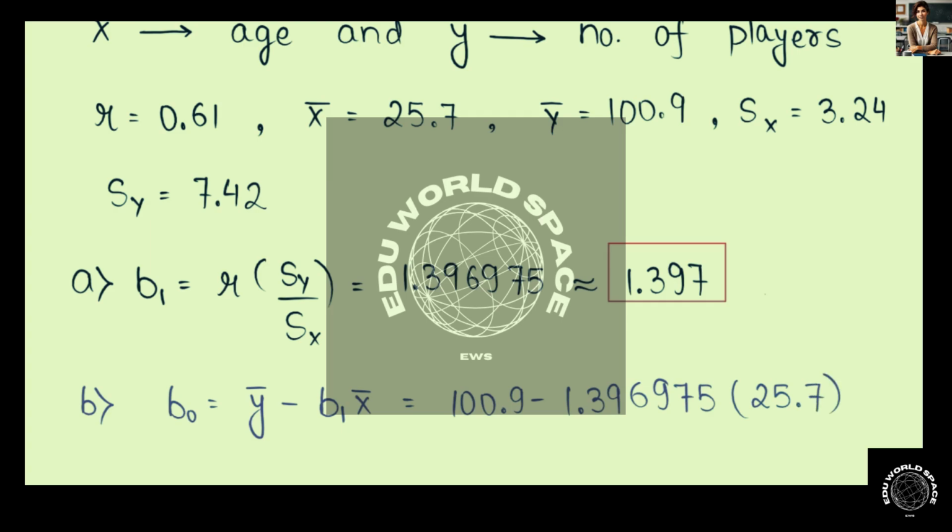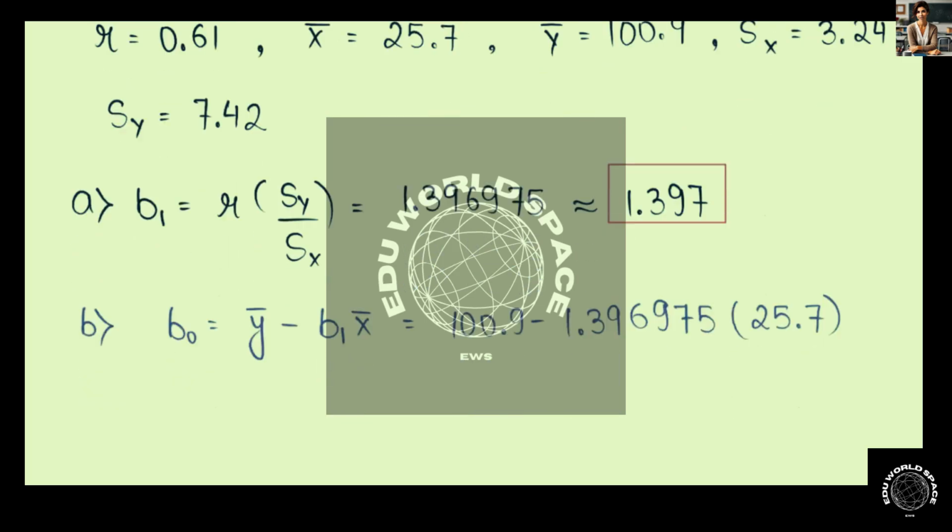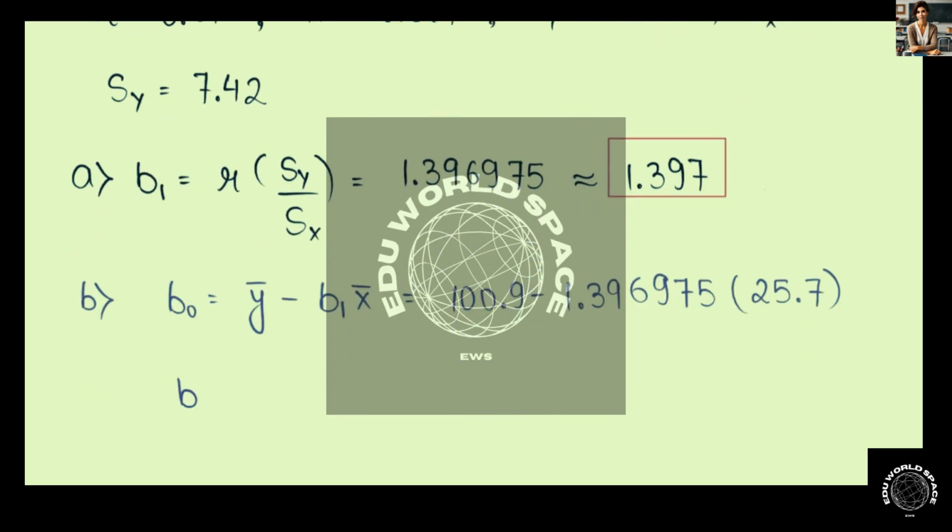So the value of the intercept is going to come around 64. So let's write over here B0, and this is equal to 64.998, and we can put the answer inside the box in order to highlight it.